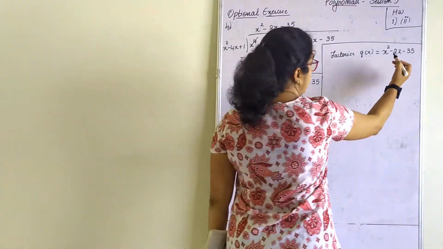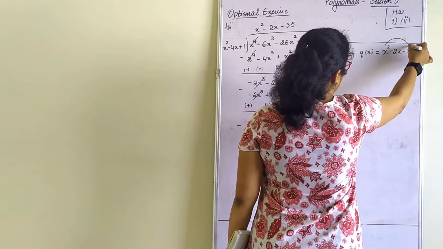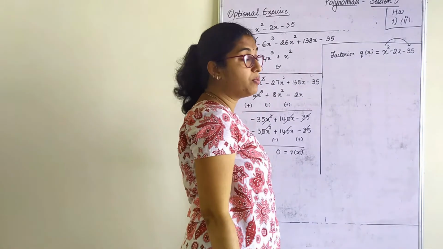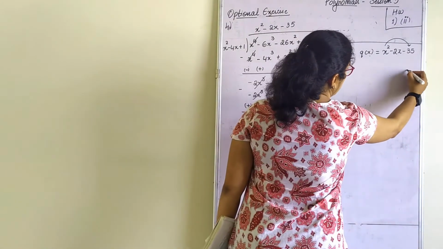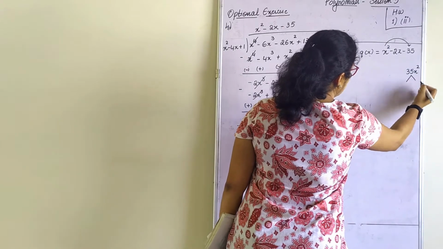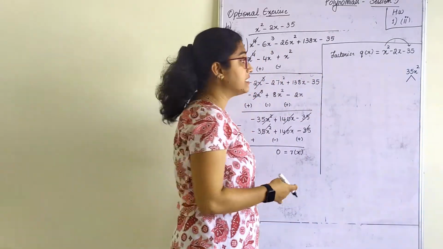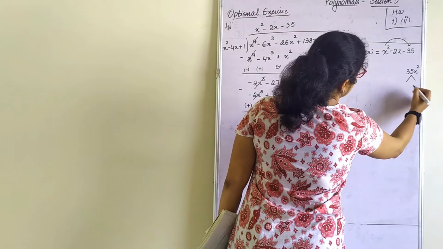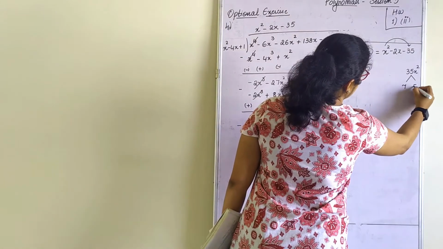We know the factorization rule. We always multiply the first and last term. When you multiply the first and last term, you get 35x squared. Factors of 35x squared: 35 ones, then 7 fives are 35.